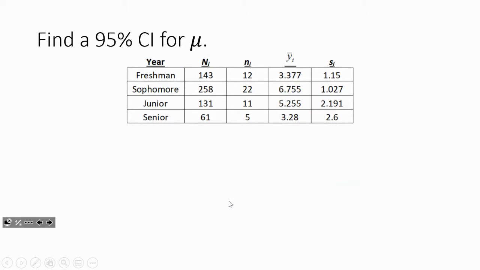All right, what if we wanted to find a 95% confidence interval for mu? Then what formula would we need?